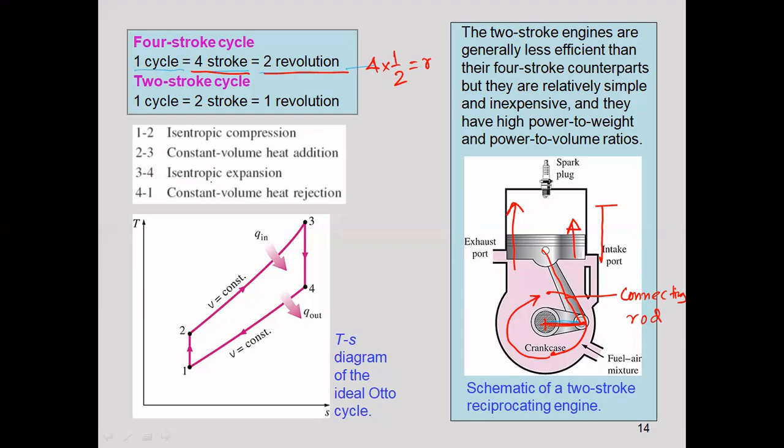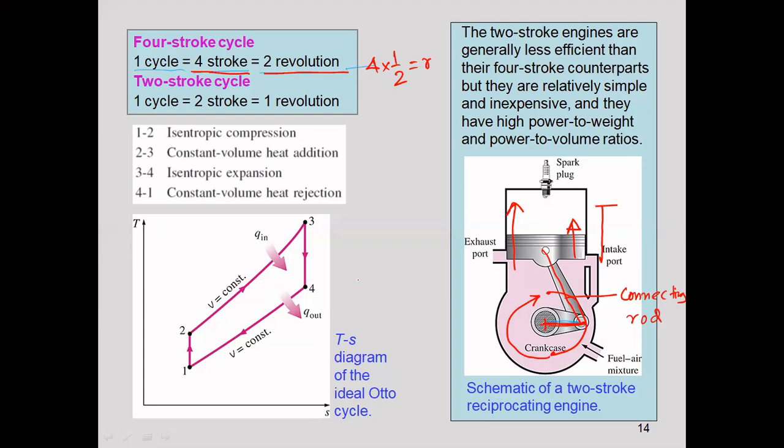The four-stroke cycle is used in many reciprocating engines. Most of the reciprocating engines have four-stroke cycles. Like in a car, maybe it is a petrol engine or SI engine driven car or a diesel engine driven car, these are mainly four-stroke.